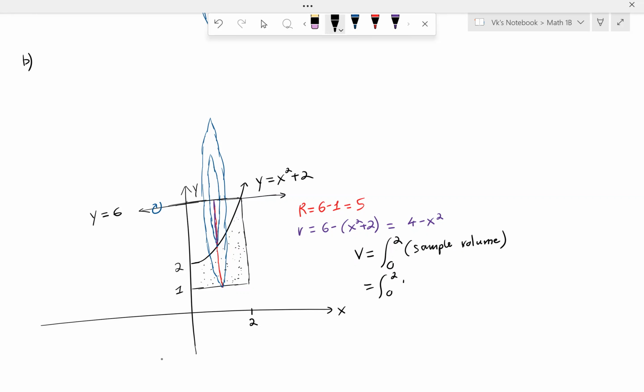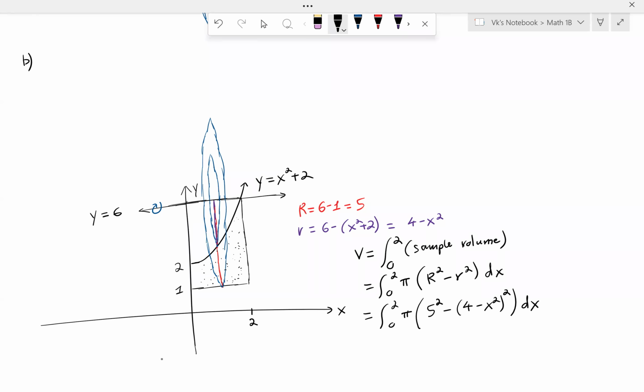Integral 0 to 2 of pi R squared minus small r squared dx. The bigger radius is 5 squared. The smaller radius is 4 minus x squared, squared, dx. That is the setup. Pretty cool.